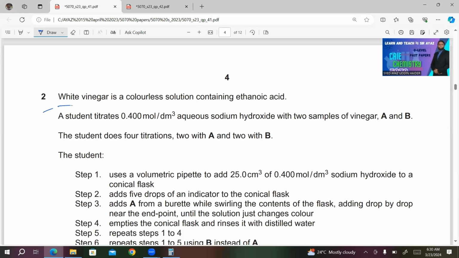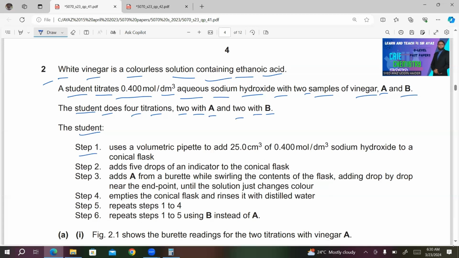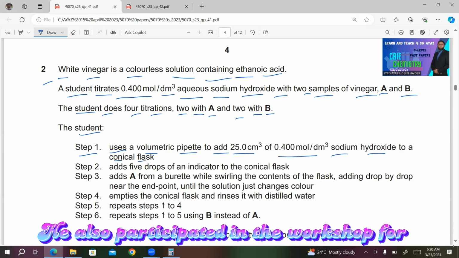Question number 2. White vinegar is a colorless solution containing ethanoic acid. A student titrates 0.4 mole per dm cube aqueous sodium hydroxide with 2 samples of vinegar, A and B. The student does 4 titrations, 2 with A and 2 with B. In step 1, the student uses a volumetric pipette to add 25 centimeter cube of 0.4 mole per dm cube sodium hydroxide to a conical flask.